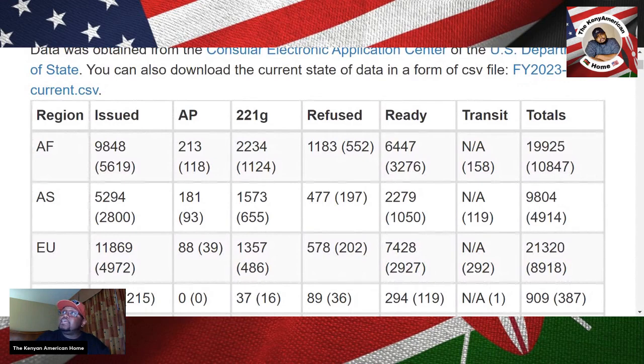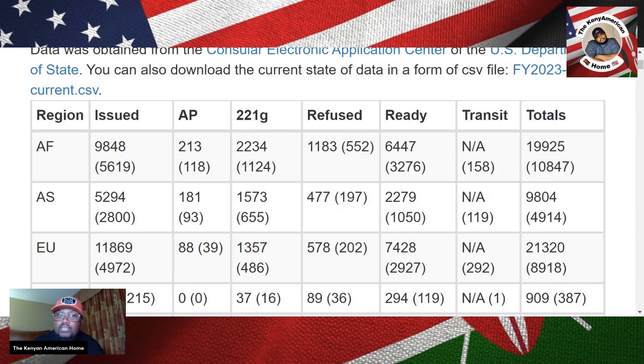If you look at that column, Africa refused, you have 552 cases. But each case may be a family that was selected, like a husband and kids. That's why the case number is small but the number of people is big, because sometimes there are two or more people in each case.